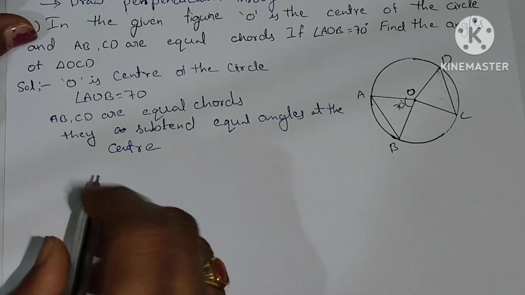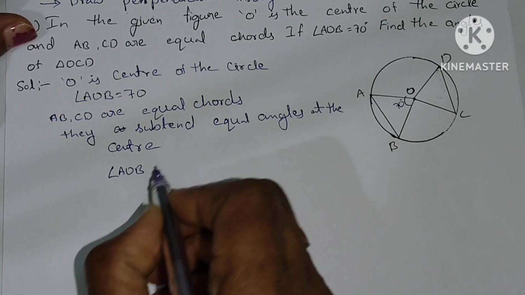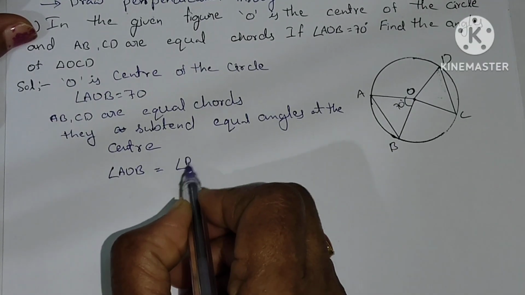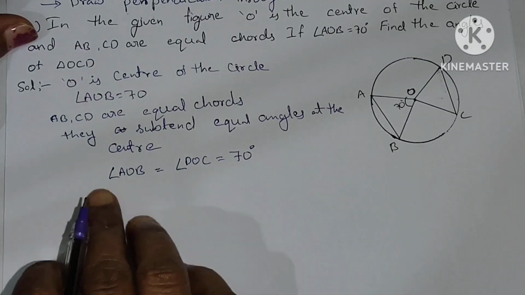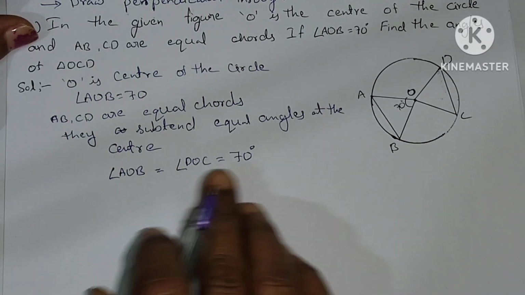So angle AOB equals angle DOC, and we already know AOB equals 70 degrees. So these two are 70 degrees.